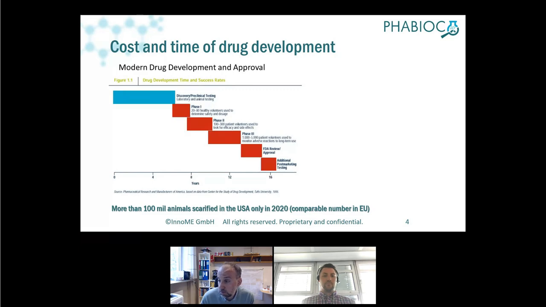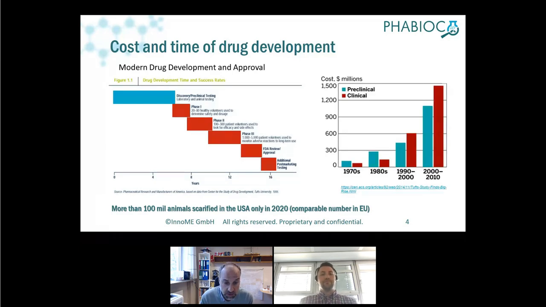And this is an issue, first because it takes time, but also because it's very costly. So proposing new in vitro tools that can provide in vivo predictions of biopharmaceutical performance of drugs can be of extreme utility.